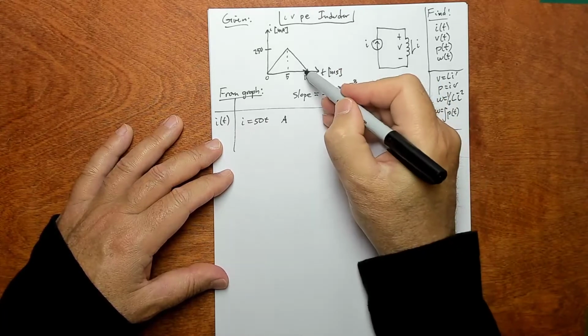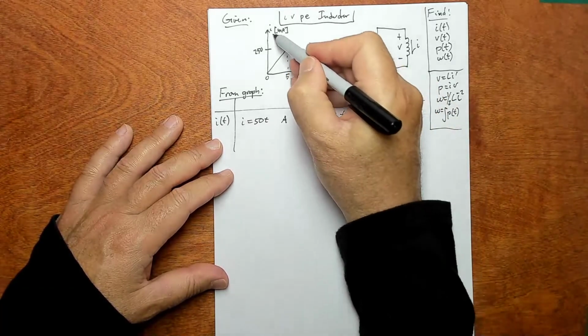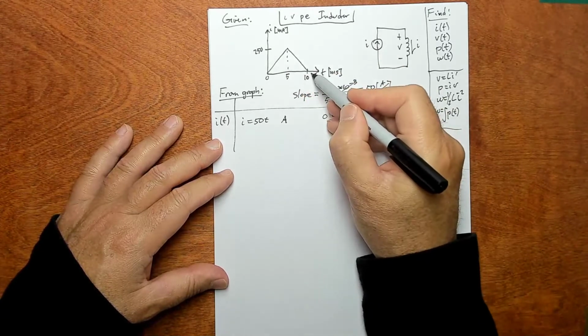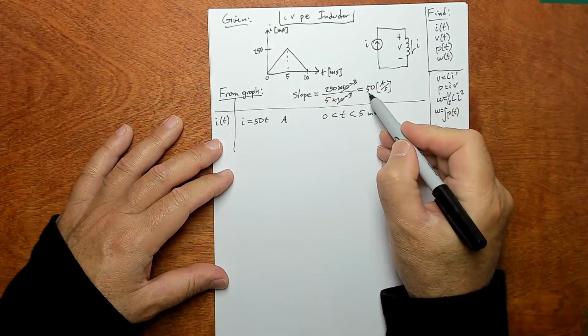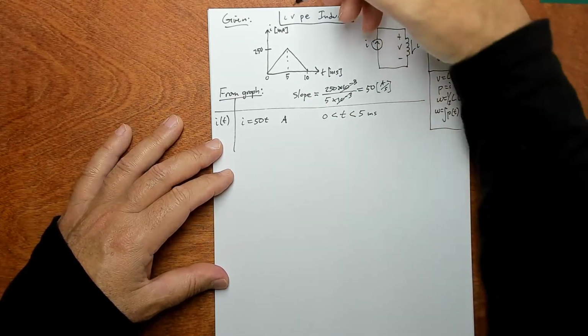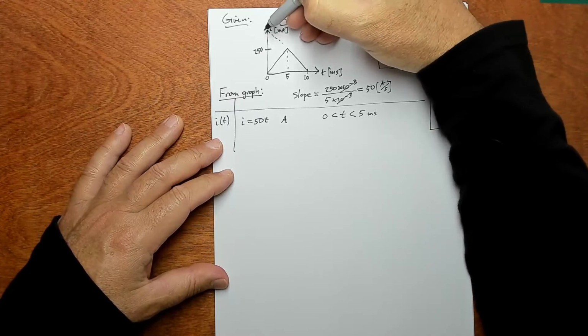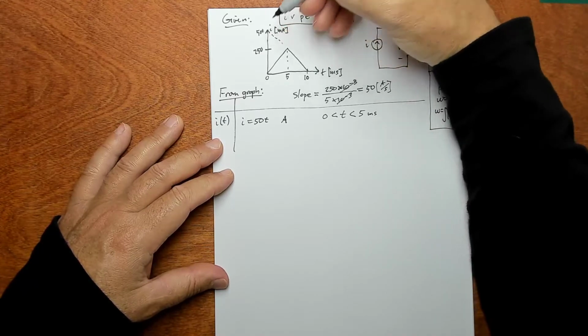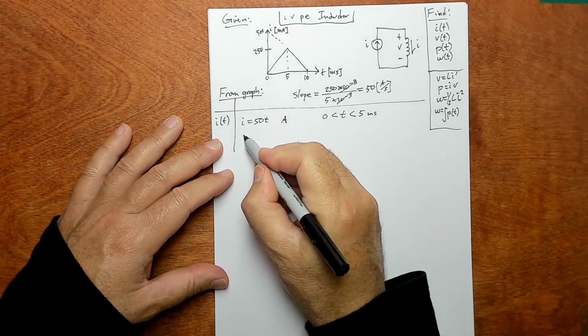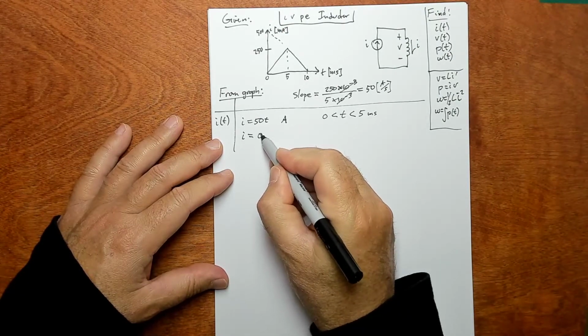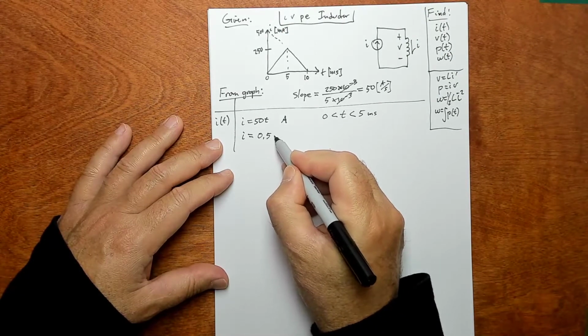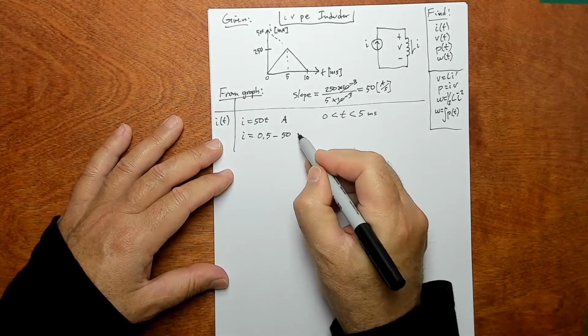Okay, then the equation of the line for this second interval right here, it's going to have a negative slope, and then the y-intercept, if you carried it up to here, would be 500. So the equation becomes the y-intercept 0.5 minus, and then the slope of minus 50. It becomes that.